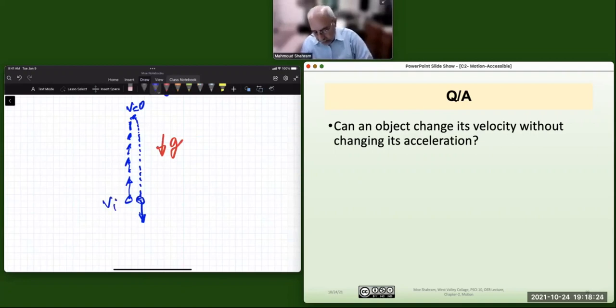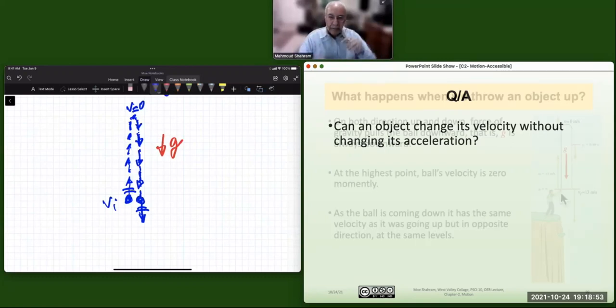We get to v equal to 0 at that point. Then gravity is going to pull it back down, and the velocity is going to increase, becoming bigger and bigger until it comes back to the same location. And this velocity and that velocity are the same value, but in the opposite direction.